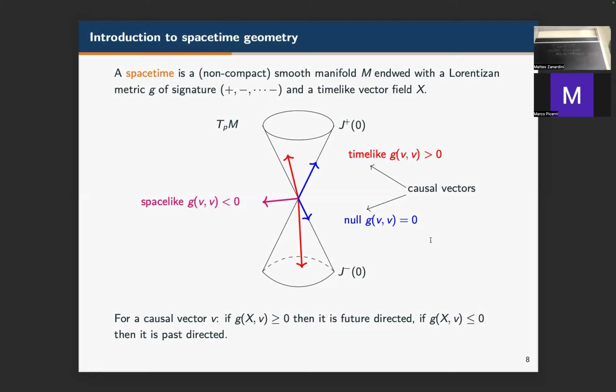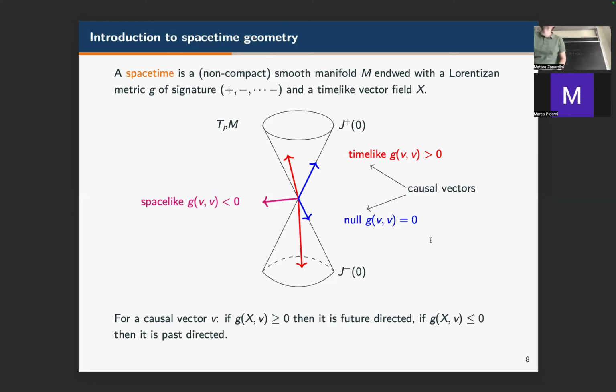And if the scalar product is non-positive, you say that it is past directed, so it belongs to the lower part. The set of future directed causal vectors is called J plus of 0, because J means causal in some sense, and plus means future. And J minus instead is the set of past directed causal vectors.